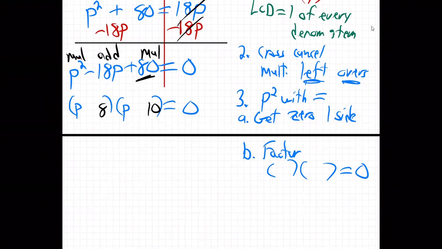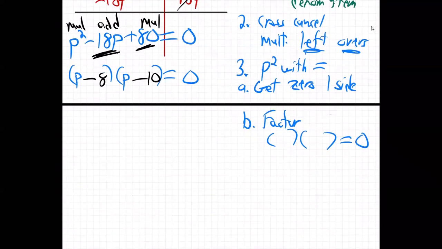Well, 8 times 10, huh? But how do you know it's not 4 times 20 or other things? 5 times 16. Well, because 8 and 10, if you make them both negative, they'll add to be minus 18 in the middle, won't they? So that's my pair, right? My 2 negatives multiply to be positive, and they add to be negative 18.